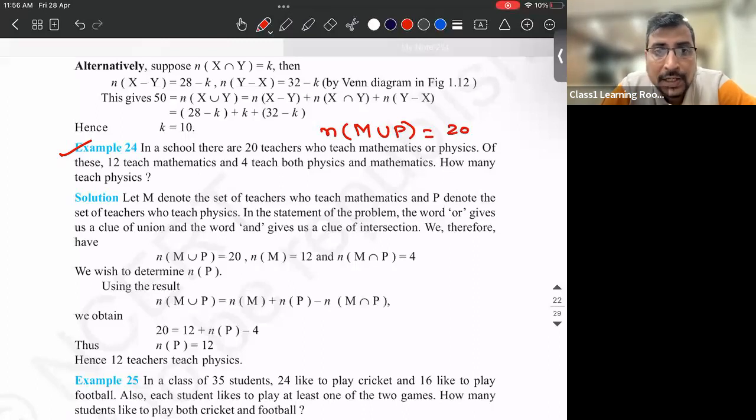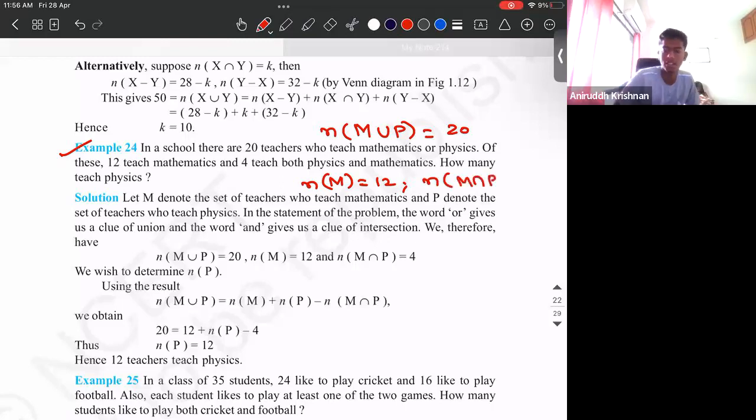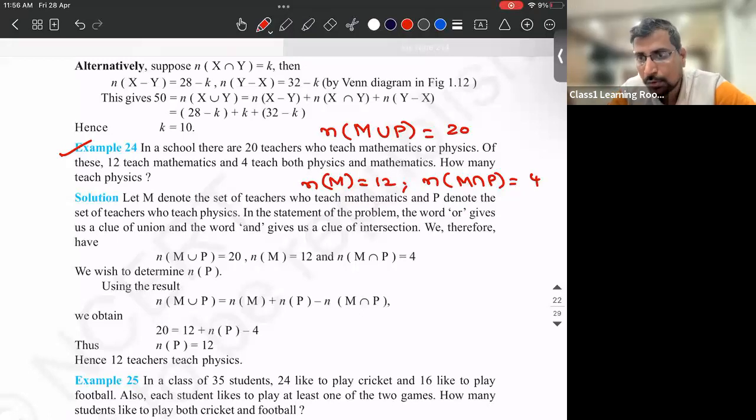Of these, 12 teach mathematics. So what will you write? N of M is equal to 12. And 4 teach physics and mathematics. So N of M intersection P is 4. How many teach physics alone? You can do it, no?